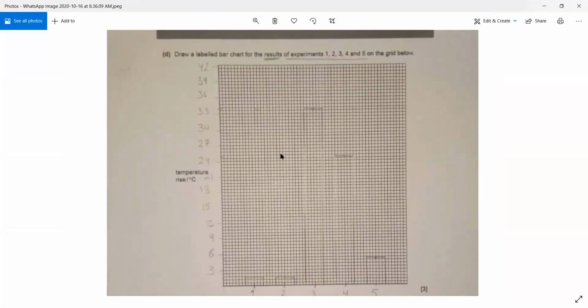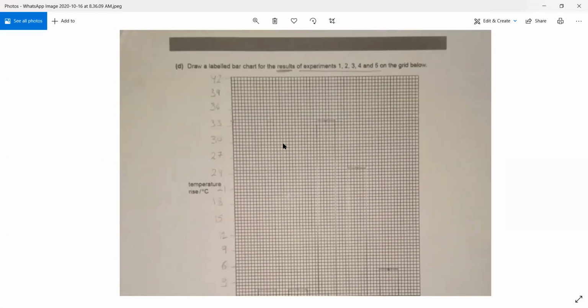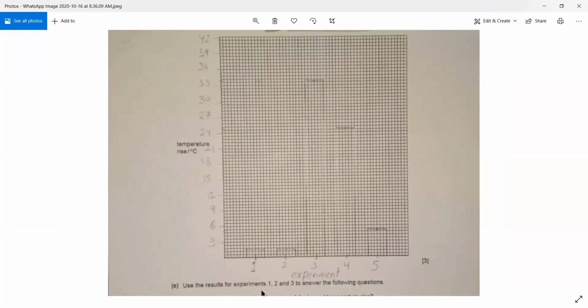So this one is a graph, and you have the temperature changes from before, then you will make a bar chart.